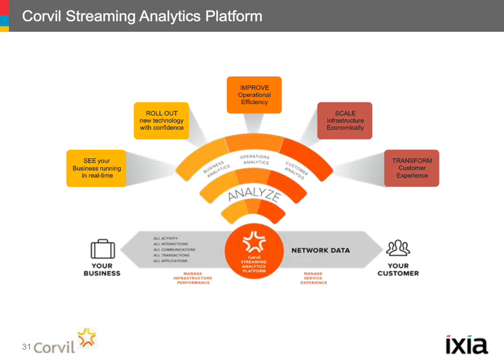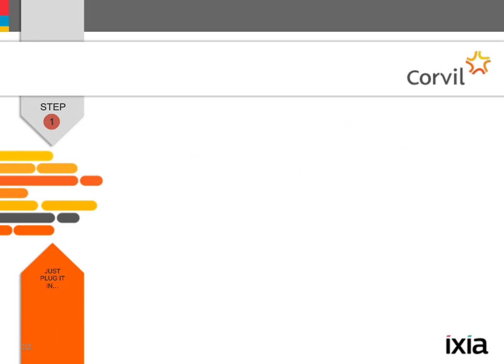But before we jump into that, let me take you through how Corvo does this. We're an appliance. It's a piece of hardware you plug into your network with Ethernet ports, through Ixia as we've been discussing today.